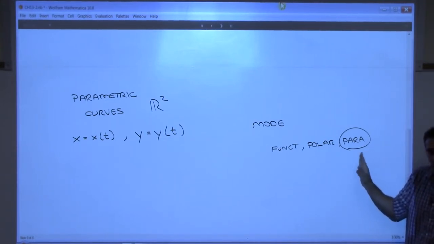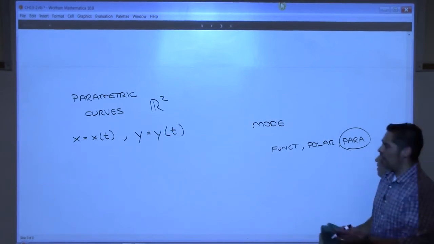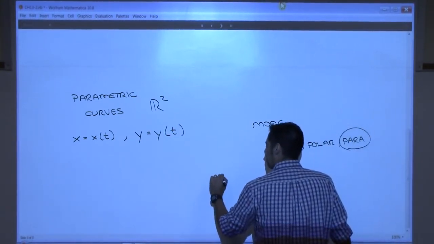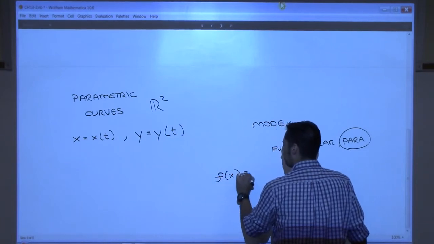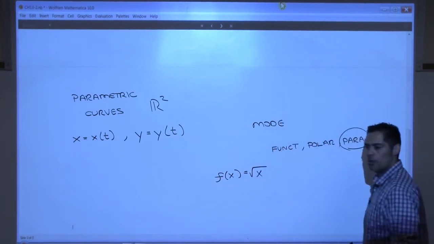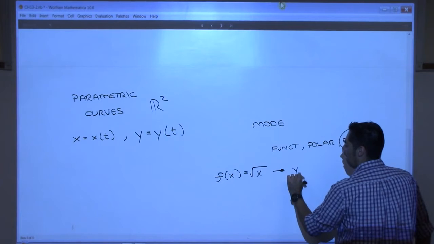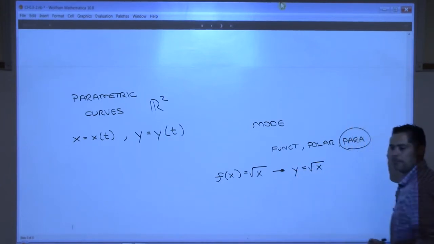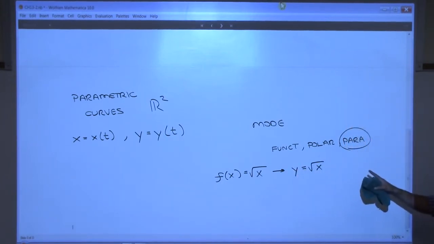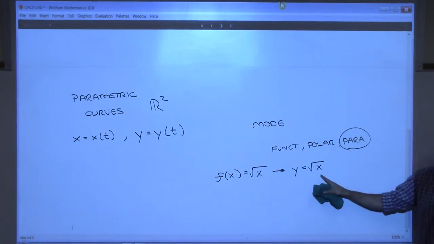So let me explain how that would work. Let's say that I wanted to graph the function f of x equals the square root of x. Well, we all know that that means y is equal to the square root of x, right? So y depends on x. What does x depend on? Nothing, right?